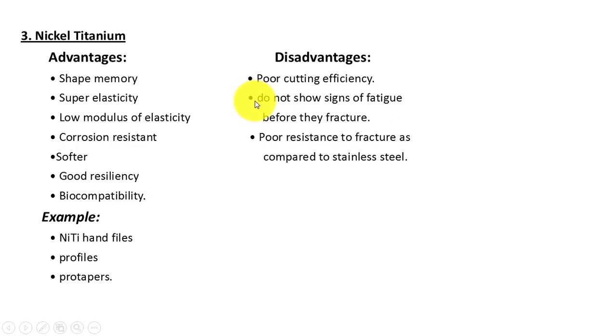That's why you need to be very careful when using nickel titanium instruments, because without showing any signs of fatigue, they fracture. They also have poor resistance to fracture as compared to stainless steel. That's why be careful with them. Examples are nickel titanium hand files, ProFiles, and ProTapers.